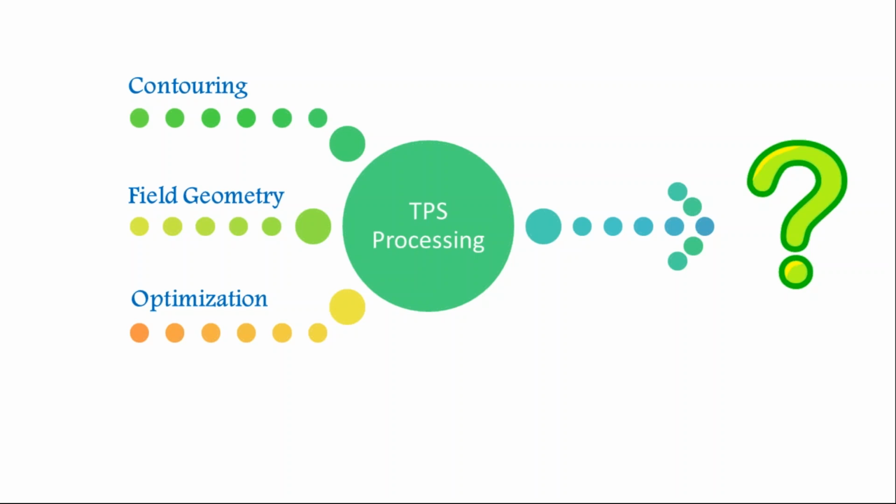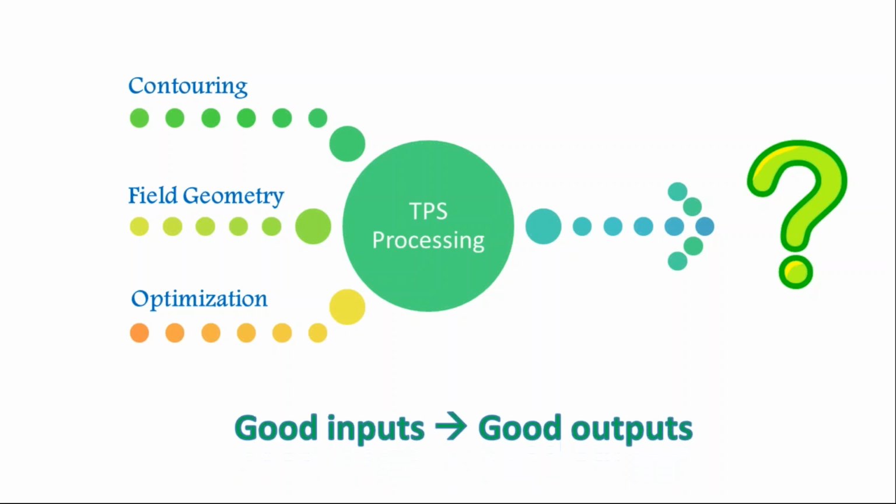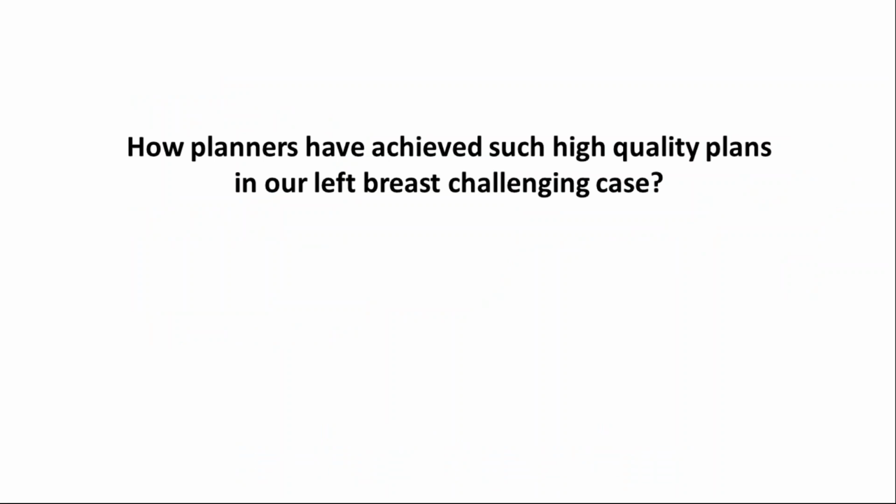So contouring, field geometry, as well as optimization objectives, should all be connected together in order to be inserted in the treatment planning system, and then good inputs will lead to good outputs. So how could planners achieve such a high quality plan in this left breast case?